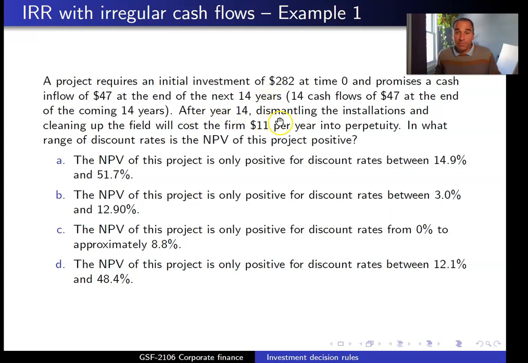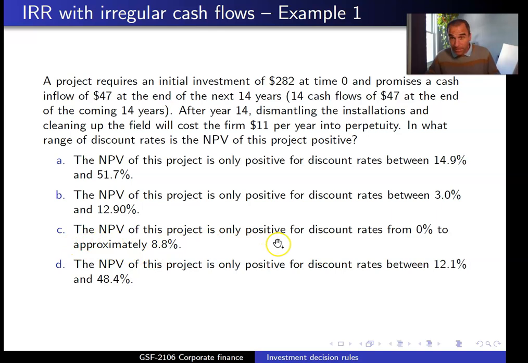After year 14, dismantling the installation and cleaning up the field will cost the firm $11 per year forever. In what interval of discount rates is the NPV of this project positive? You have 4 intervals. Note that some of these intervals have only positive values, and there are answers suggesting that the NPV could be positive between 0 and something.